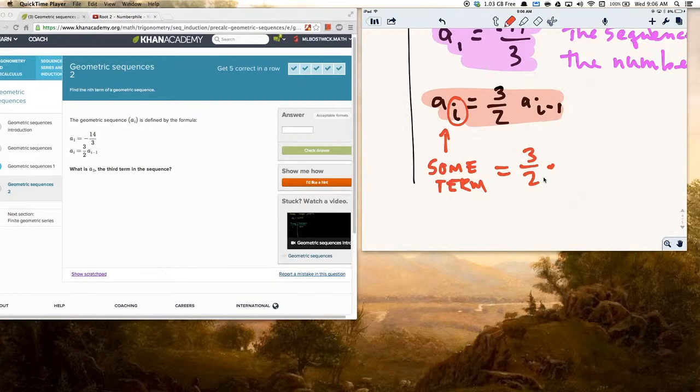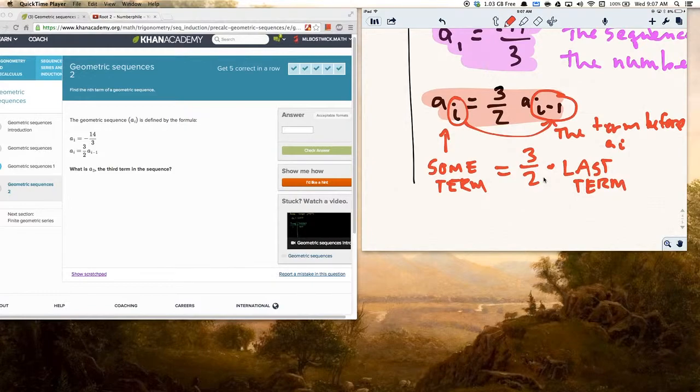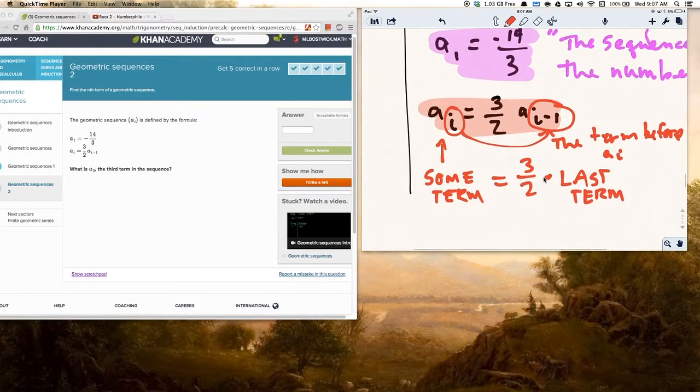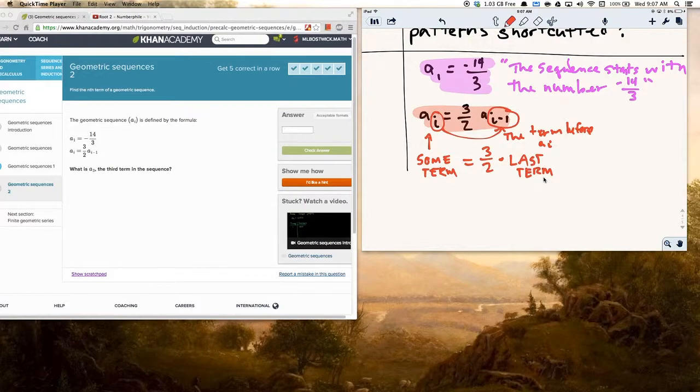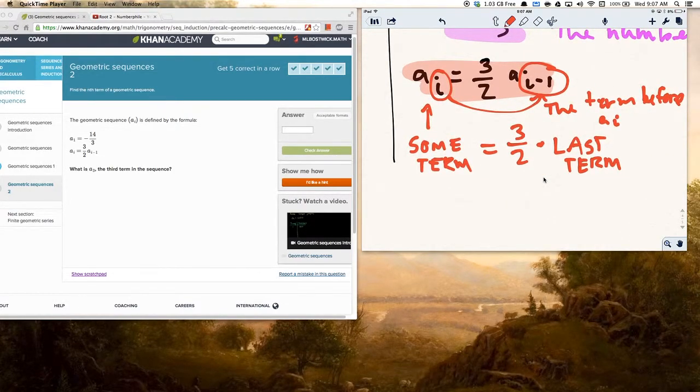If I have ai here, and then ai minus 1, this is the term before ai. And so that basically says to find some term in the sequence, it's equal to 3 halves times the last term in the sequence. And so that's what this setup tells you. It says, hey, this sequence starts at negative 14 thirds, and then to break it all down, this basically means multiply by 3 halves each time.